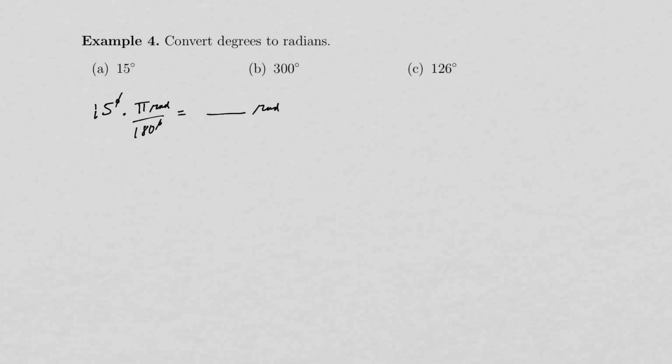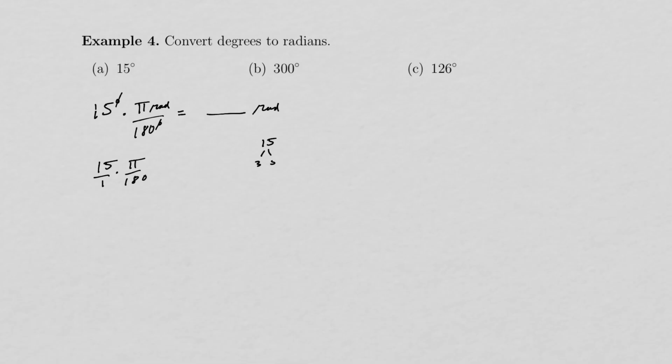Okay, and if you work this out, this will be 15 over 1 times pi over 180. Let's see, does 15 go into 180? Yeah, I think it goes in 12 times. We could factor this, right? Let's go back to our prime factorization to make sure.